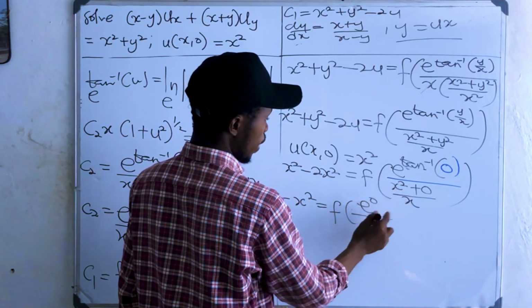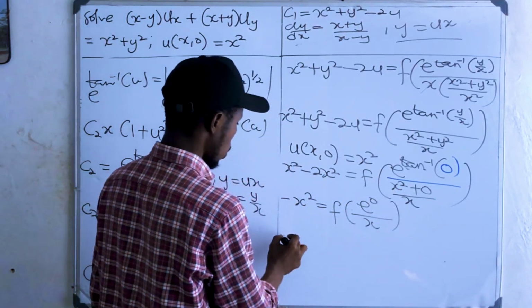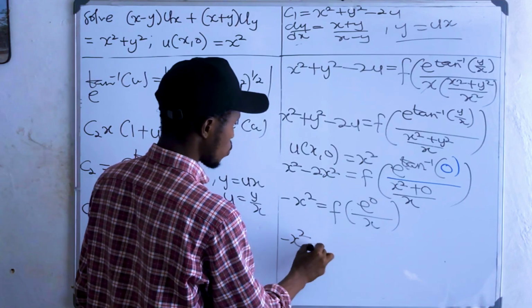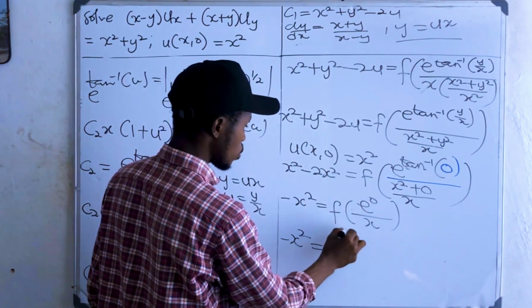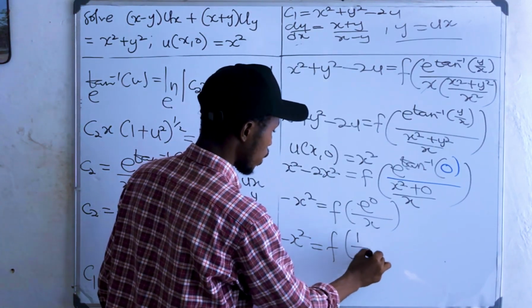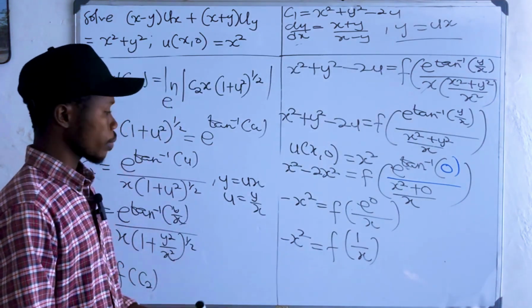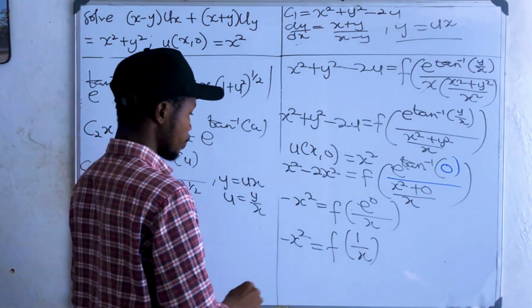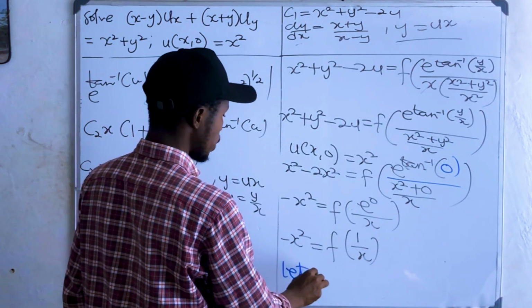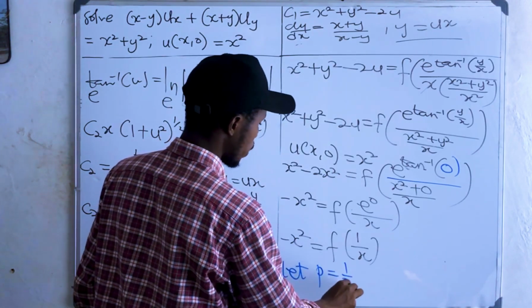x squared by x is x. So I have negative x squared equals f of e to the power 0, which will give you 1 over x. Okay, so in this case you can say let p be equal to 1 over x.